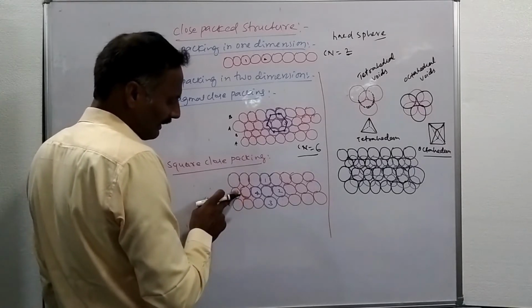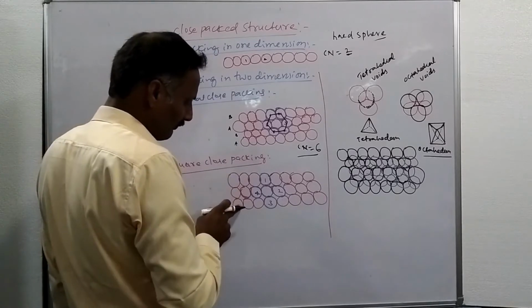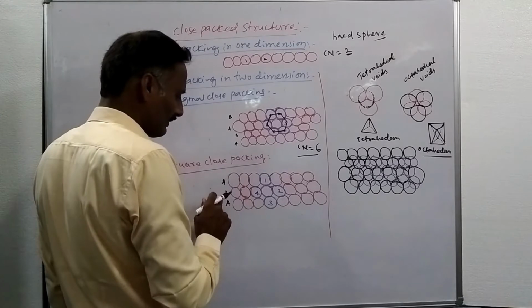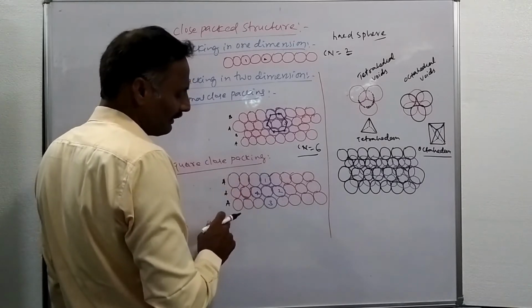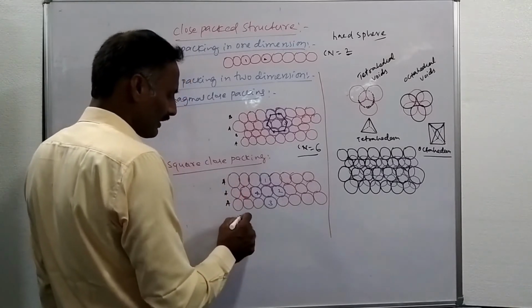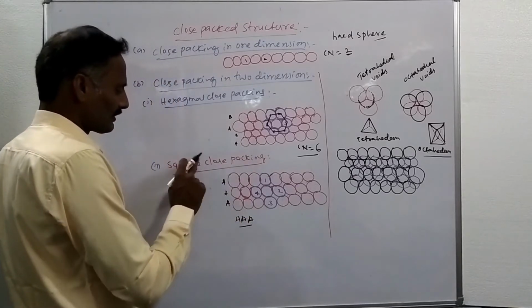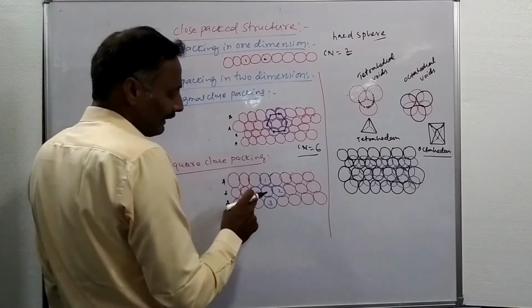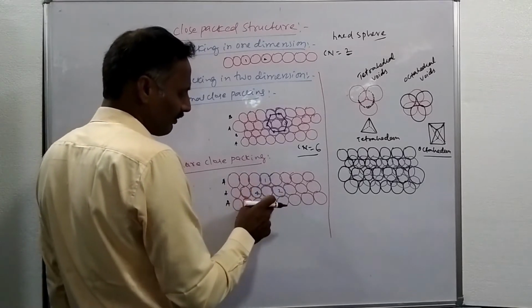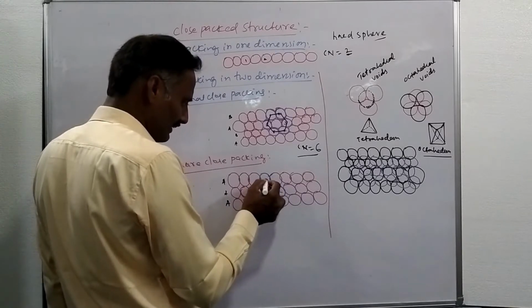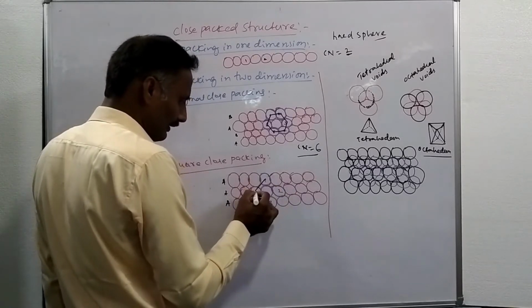Here the second layer is exactly aligned with the first layer. This is also A type, and the third layer is also exactly aligned with the second layer and first layer. This is called AA type arrangement. In AA type arrangement, in a two-dimensional square close packing, each central particle is surrounded by 4 neighboring particles. Then, if you join these spheres, you will get squares.